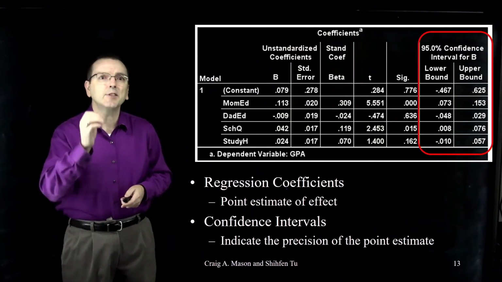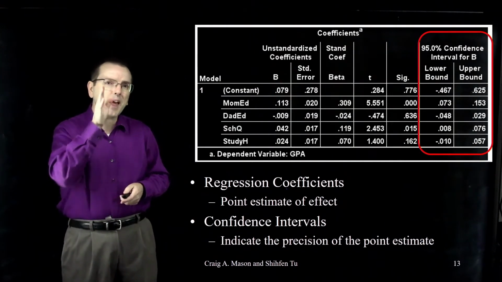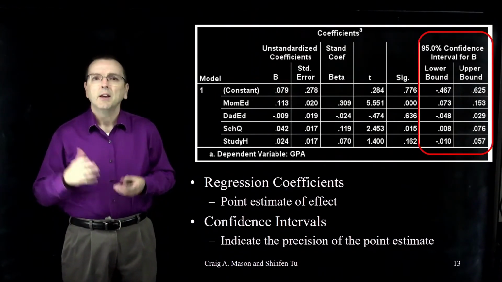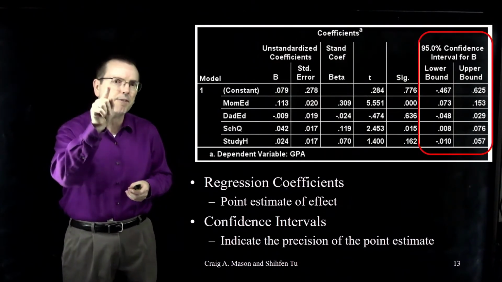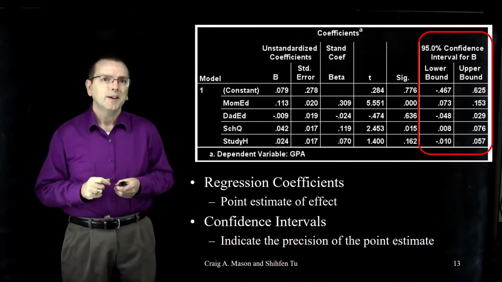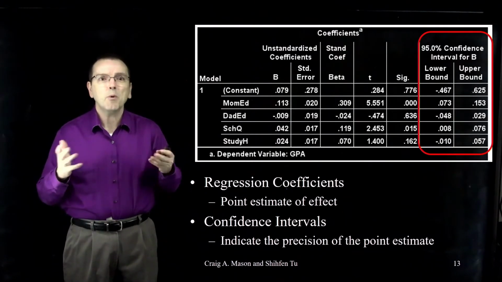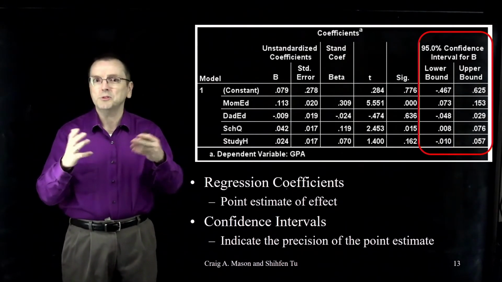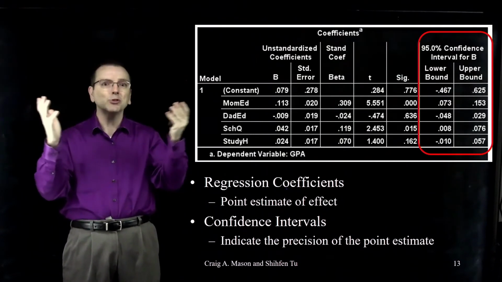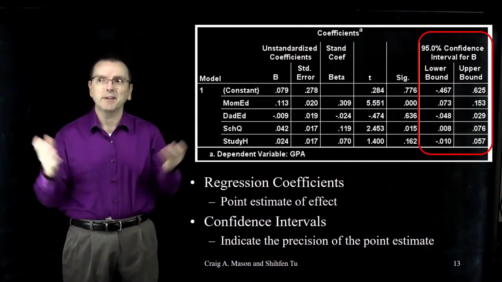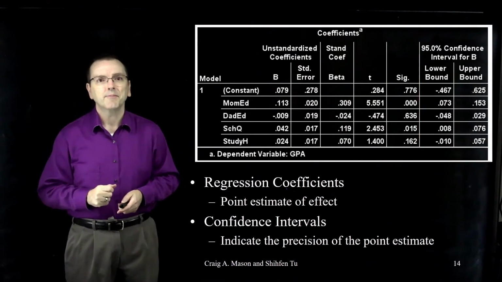They give us a sense of the precision of our regression coefficient, the precision of that point estimate. The regression coefficient gives us our best estimate of the specific population value, but we're also confident that the true population value is somewhere else. It may be very close to that point estimate, or it might be anywhere in a broad range of scores around that point estimate. Which is it? And that's what the confidence interval tells us.